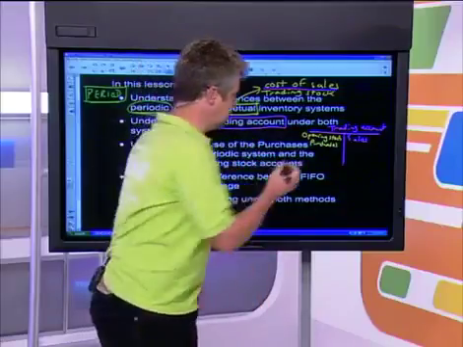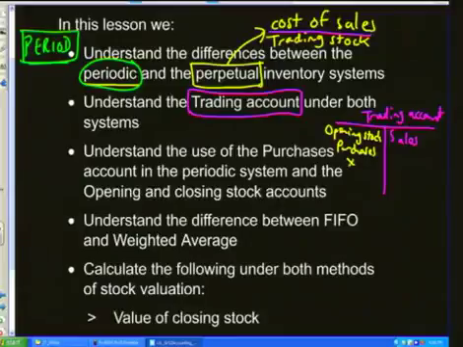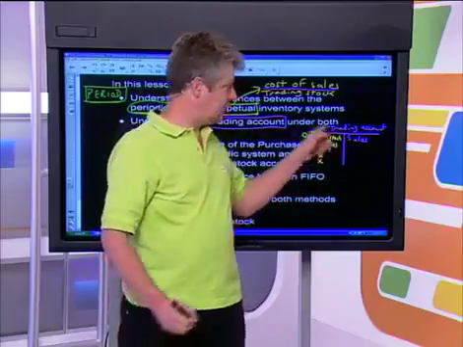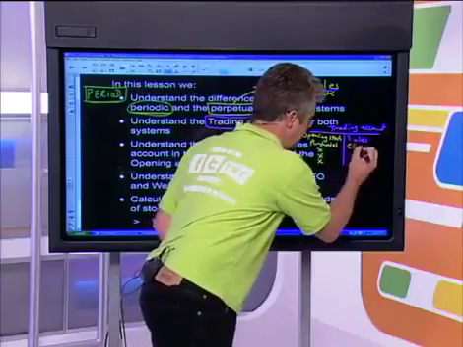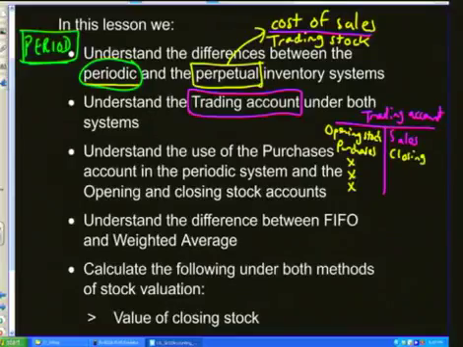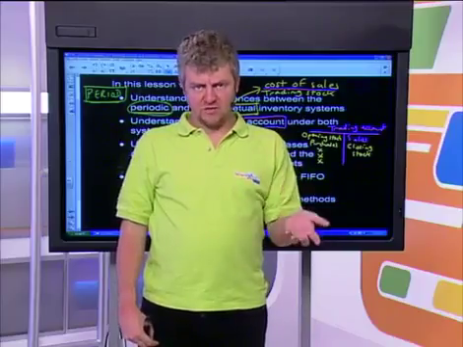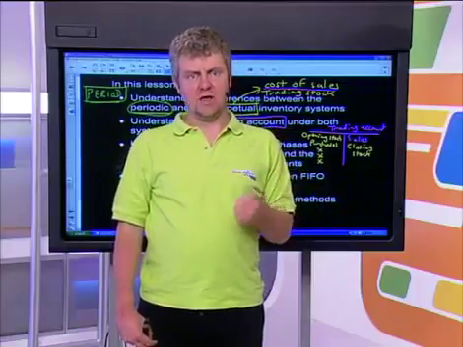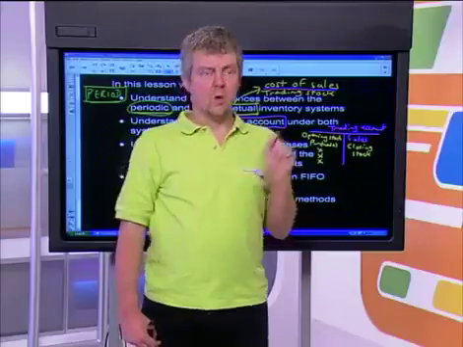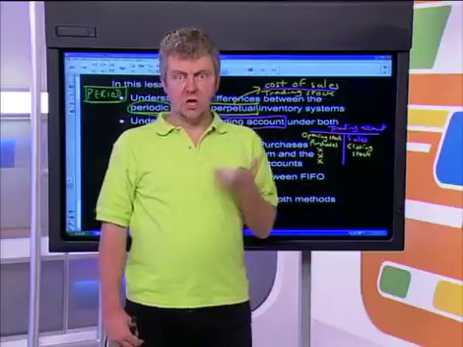We would also put on this side any other purchasing expenses, any customs duties or import duties, on the debit side of the trading account if we have them. And then finally, we would put our closing stock on the credit side. Then we would balance the account out and transfer it to profit and loss as usual. So make sure that you understand the difference between the periodic and the perpetual system when it comes to drawing up the T account for the trading account.